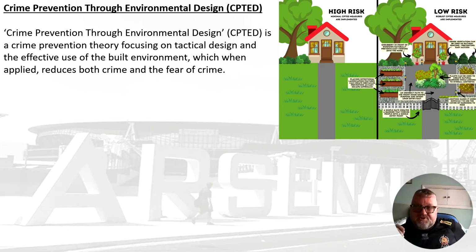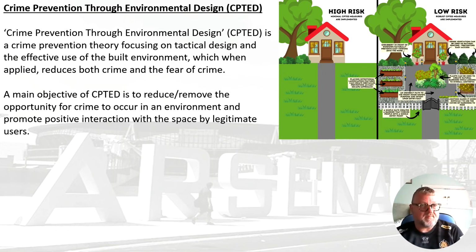Now, crime prevention through environmental design is a theory focusing on tactically designing and making an effective use of the environment, which when you then apply it, reduces both crime and also the fear of crime. So the main objective of CPTED is to reduce and remove the opportunity for crime to occur in an environment, and promote a positive interaction with the space, the environment, by legitimate users.